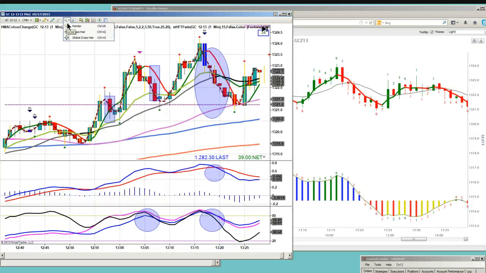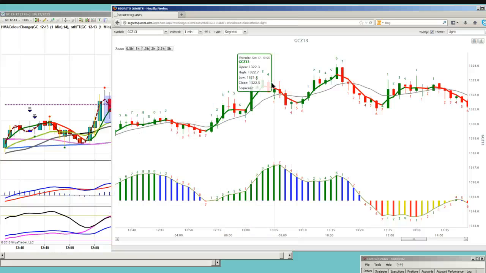So if we go from this entry here at 1307, okay, 1306 to 1307, and then the price turned. If we go look at 1306 and 1307, on this particular point, we're at a number 3 on the Segredo.